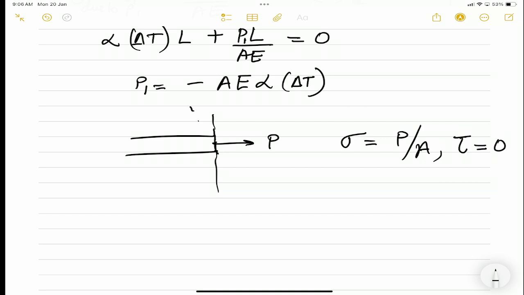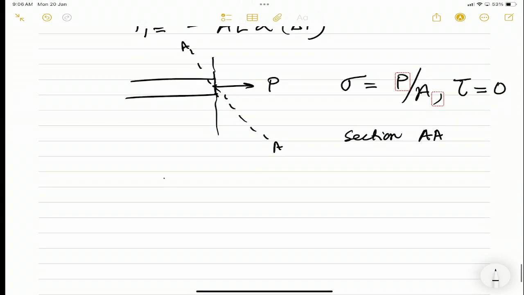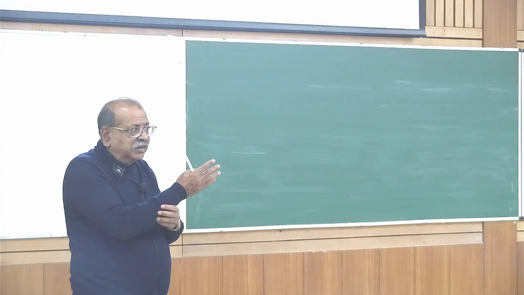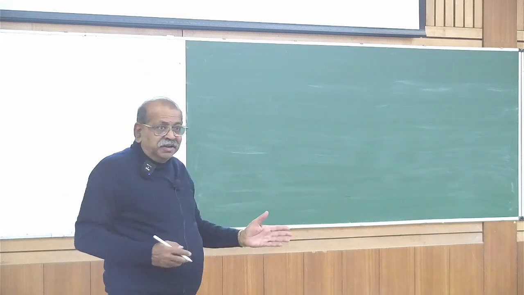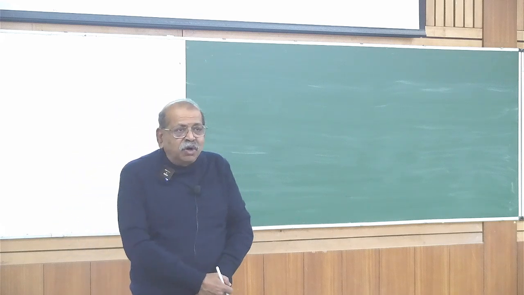But if I look at section AA, on this section AA, the force perpendicular to the area will be sigma, and tau will be the force here, and on this section for the same loading, tau will not be 0.